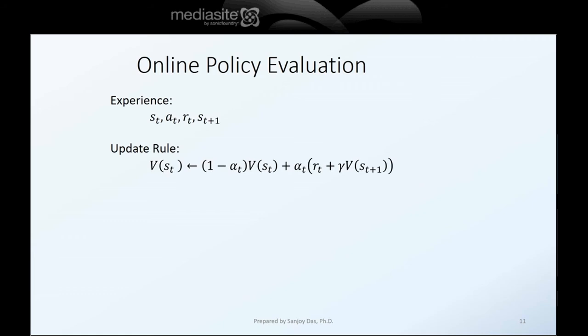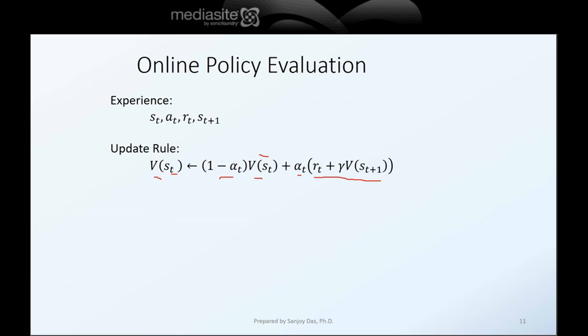This is the new value of V(S_t), and this is the old value of V(S_t). The new value is given by 1 minus alpha t times the old value of V, plus alpha t times what it should be, R_t plus gamma V of S_t plus 1.